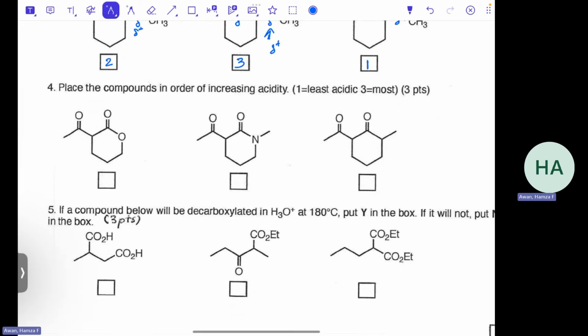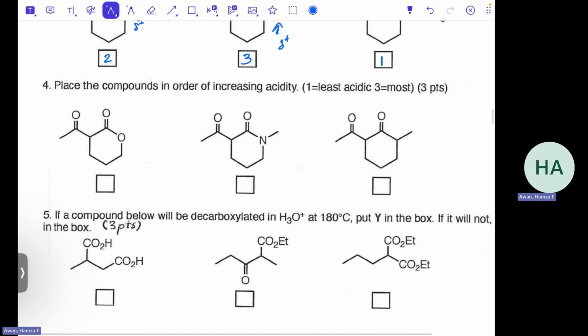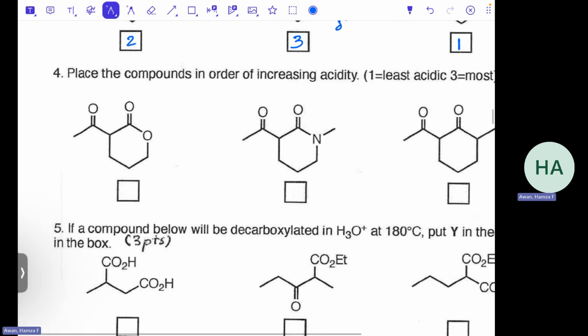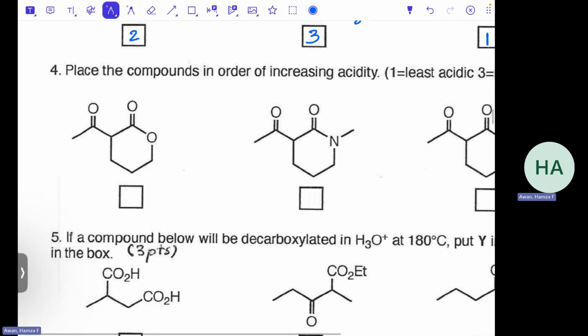All right, place the compounds in order of increasing acidity. So this next one, what we're going to have to do is look at the alpha hydrogen.